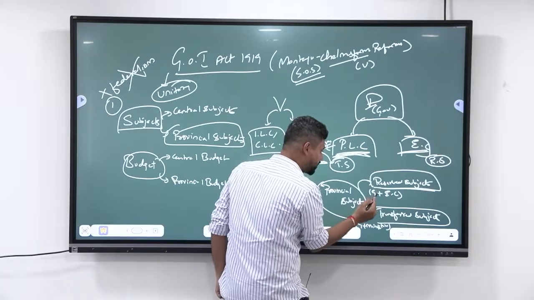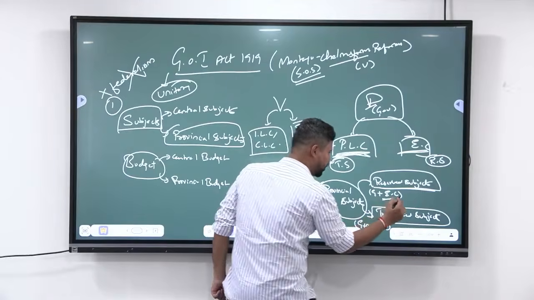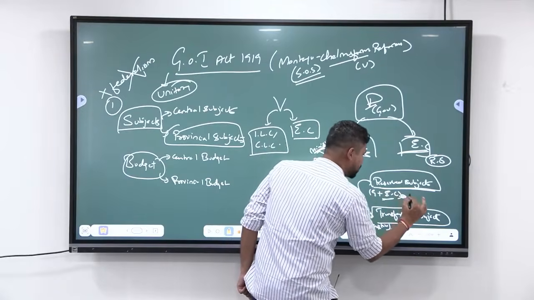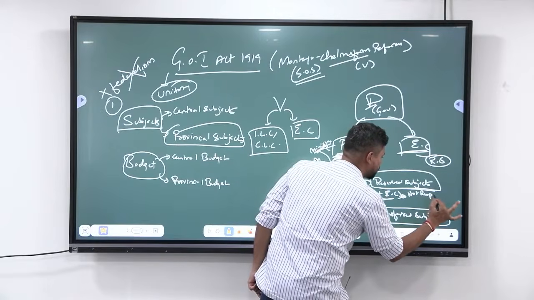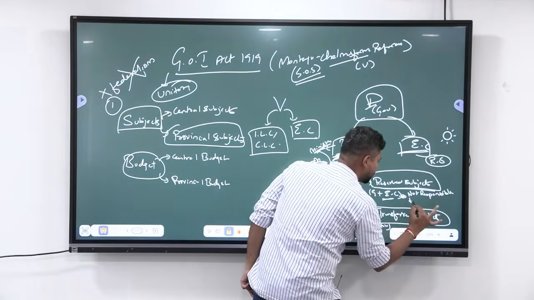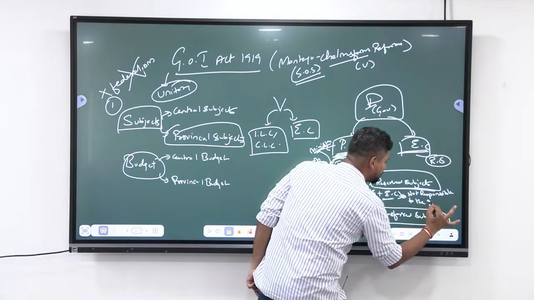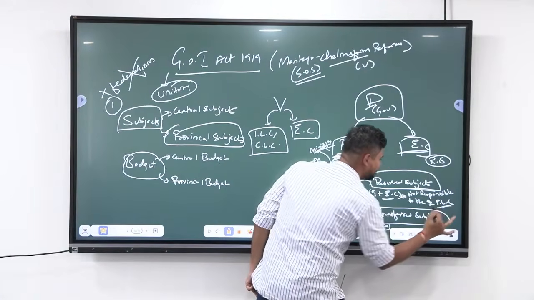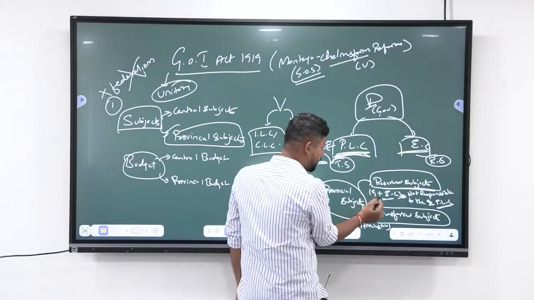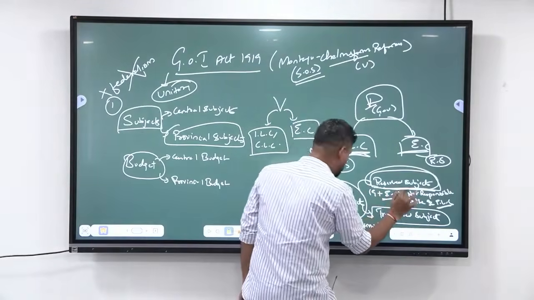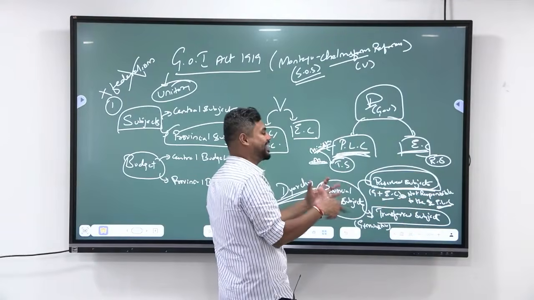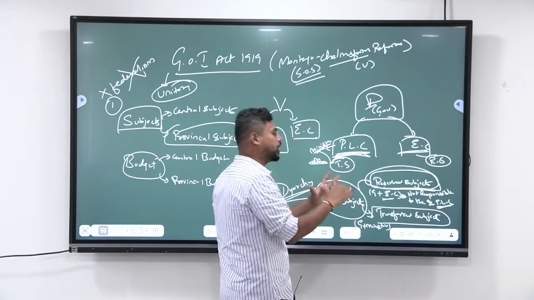The governor will make the laws on reserved subjects with the Executive Council, and the Executive Council and the governor are not responsible to the Provincial Legislative Council. For whatever laws they make on the reserved subjects, they are not answerable, they are not accountable.